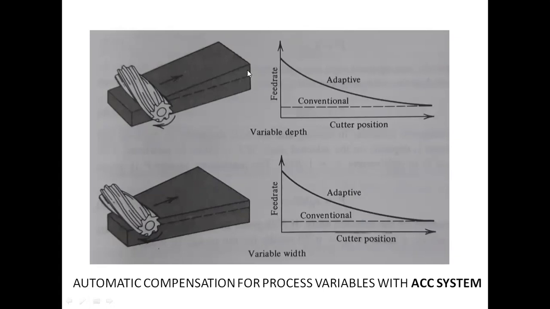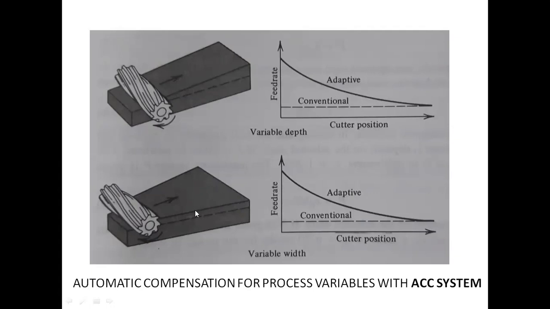In conventional systems, you decide the feed rate based on this. The rest of the time, you could have more feed rate, because the depth of cut is not much. But conventionally, you maintain the same feed rate all throughout, so you cannot utilize this opportunity. An adaptive system utilizes that opportunity, increasing the feed rate as it senses that the depth of cut is reducing.